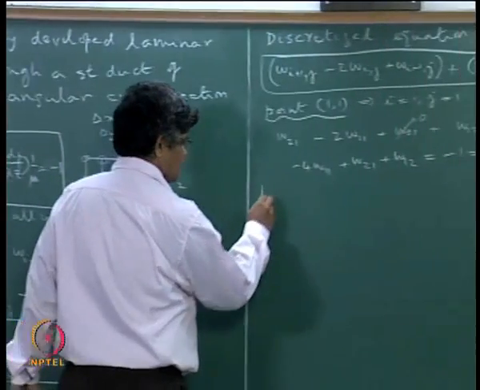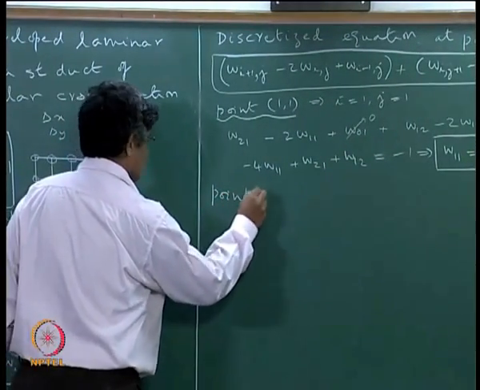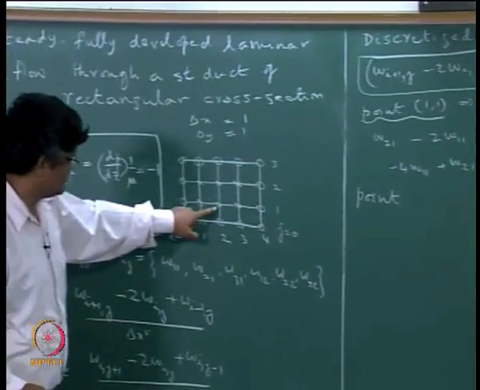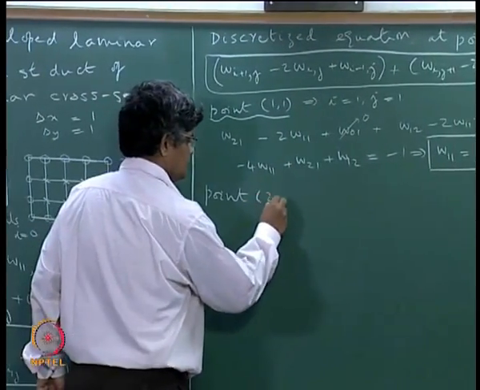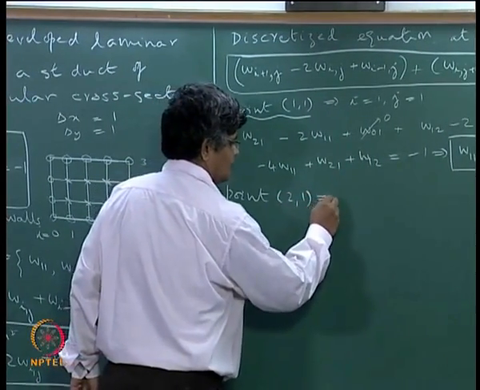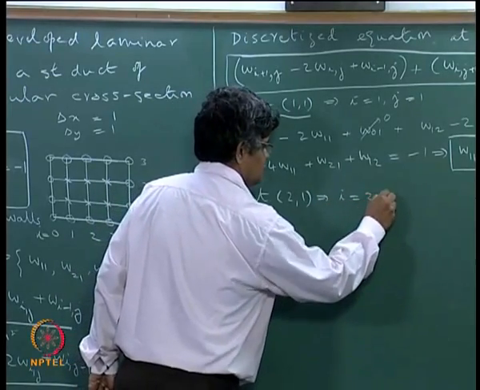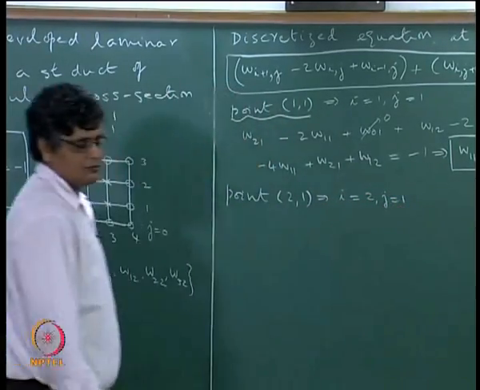We will do the same thing for the next point, which is this one. So that is (2,1). This implies that i is equal to 2 and j equal to 1.